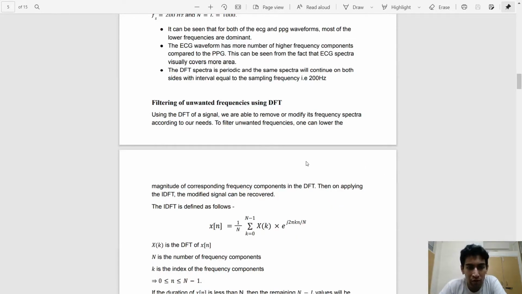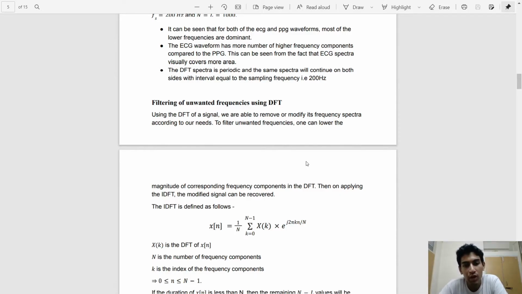For the second part of this experiment, we will be filtering out unwanted frequencies using the discrete Fourier transform. We'll be given an ECG and PPG waveform which have noise corresponding to the 50 Hz signal. We'll call this power line noise, and our job is to remove this 50 Hz noise from each of the signals.